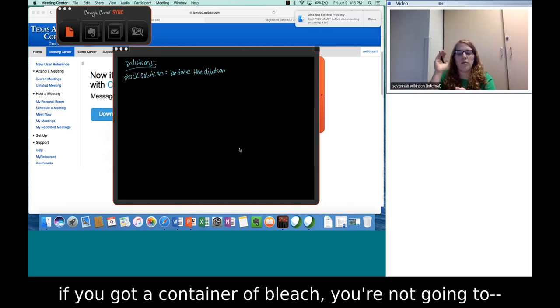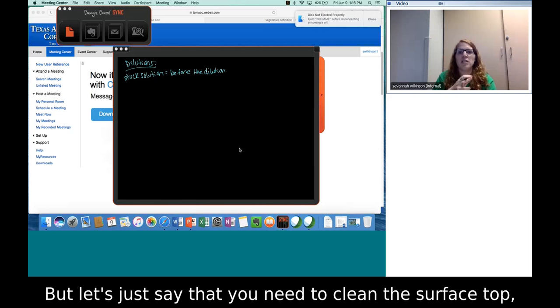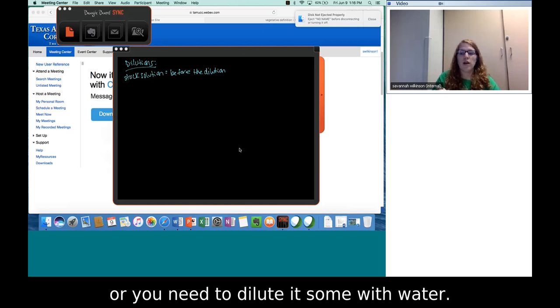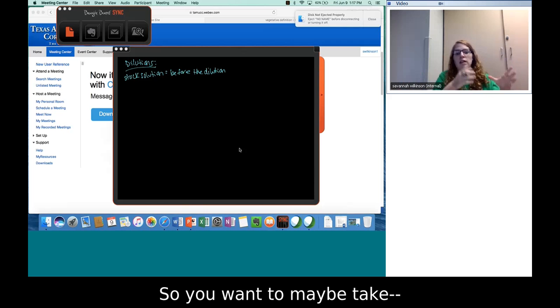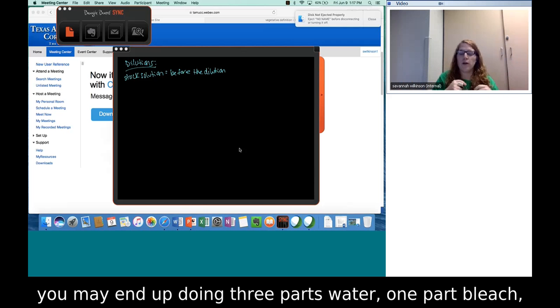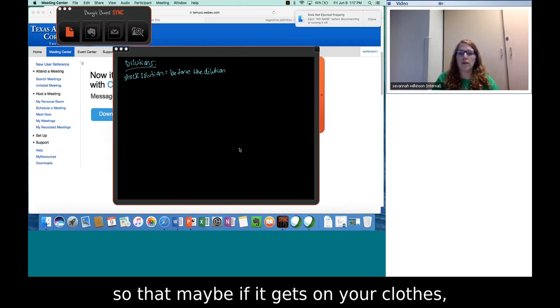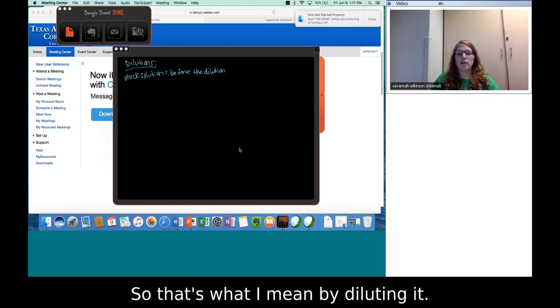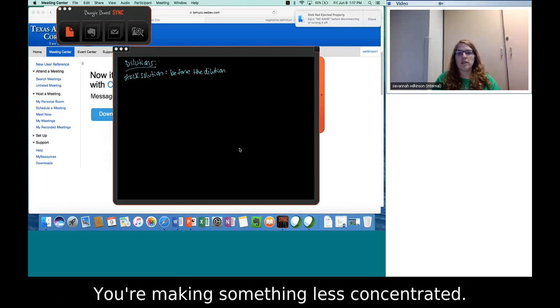If you got a container of bleach, depending on how bad it is, let's just say that you needed to clean the surface top, but you didn't want that odor to be super strong, so you need to dilute it some with water. You may end up doing 3 parts water, 1 part bleach, so that maybe if it gets on your clothes, it won't do as much damage. You know what I mean?